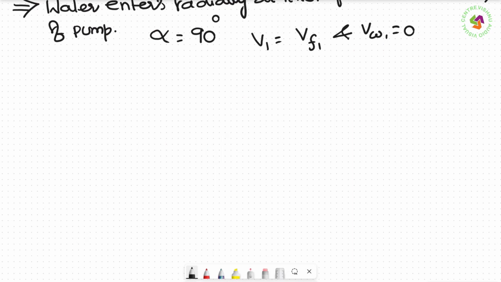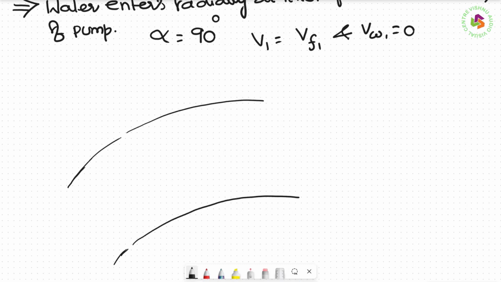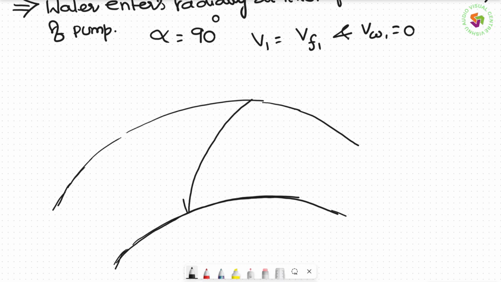For example, I'm showing it. This is only some part of the impeller I have drawn. You need to continue the same thing. The vane portion, this is the vane portion, like radial vane, which we have done initially.